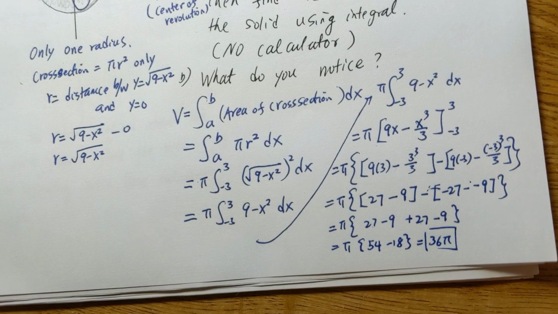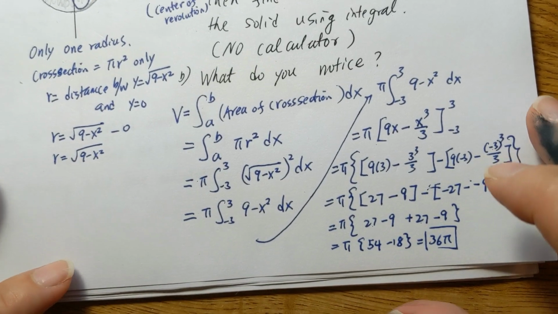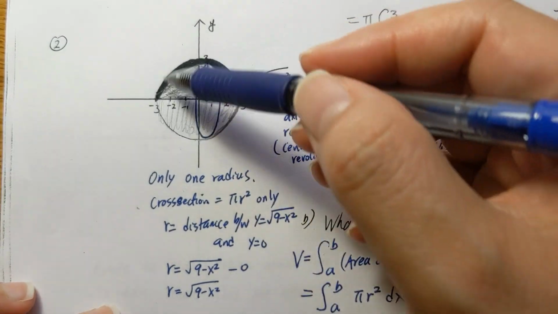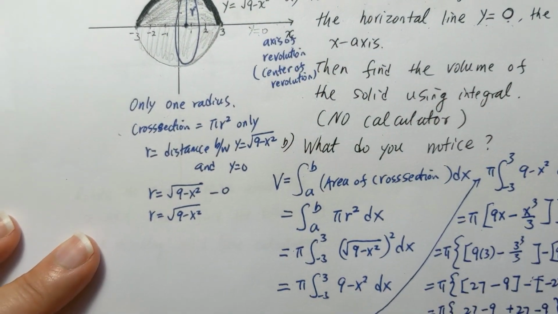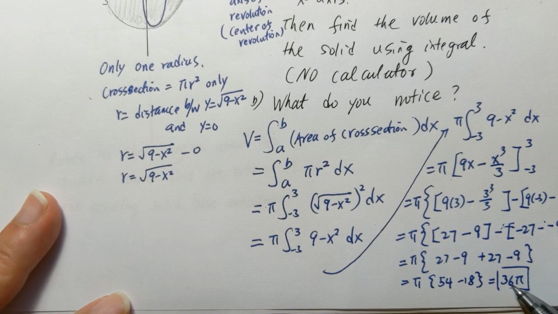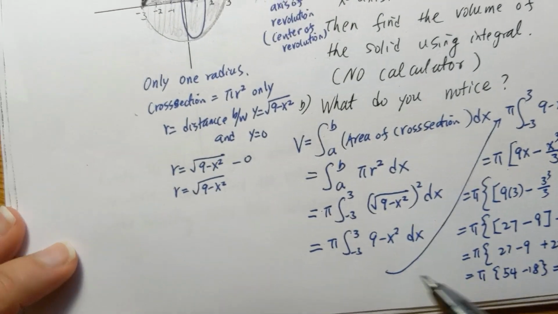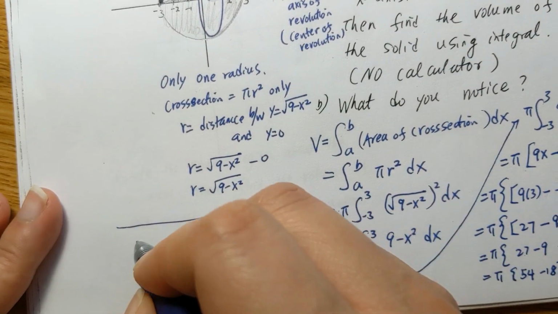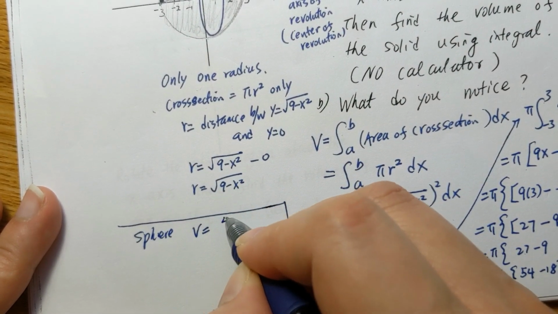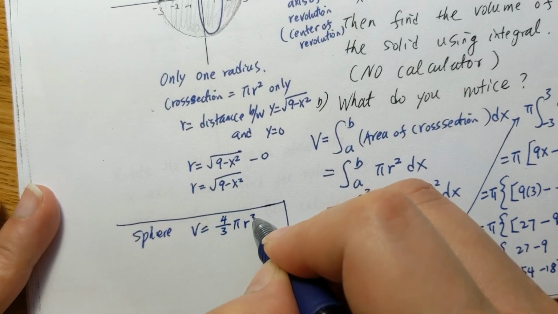So we found the answer without our calculator. Now, we said it before, this is a sphere and the volume is 36 pi. Then it should match if I use the volume formula for a sphere. So now, for a sphere, V equal to 4/3 pi r cubed.